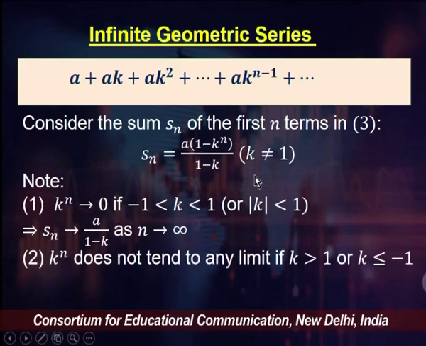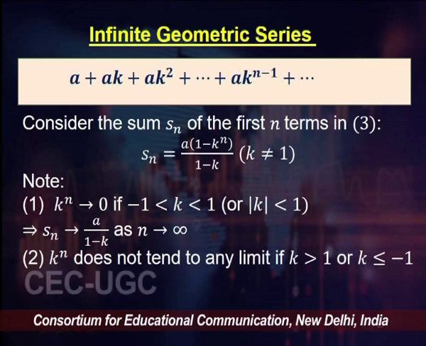As long as the absolute value of the common ratio is less than 1, k to the power n will tend to 0 as n tends to infinity, and we get a finite sum which is a divided by 1 minus k, and we will use this limit as the definition for the sum given here in the box above.